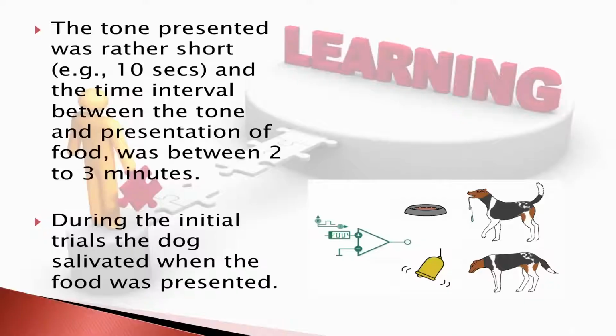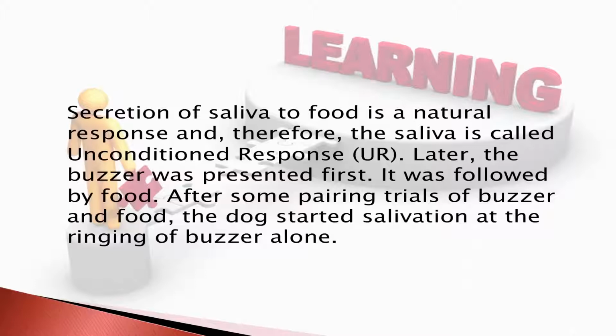The tone presented was rather short, that was 10 seconds, and the time interval between the tone and the presentation of food was between 2 to 3 minutes. During the initial trials, the dog salivated when the food was presented. Secretion of saliva to food is a natural response, and therefore the saliva is called unconditioned response, UR.